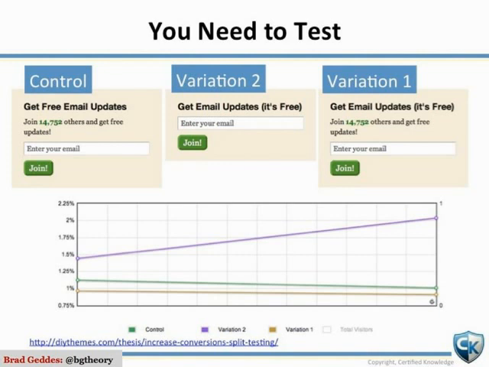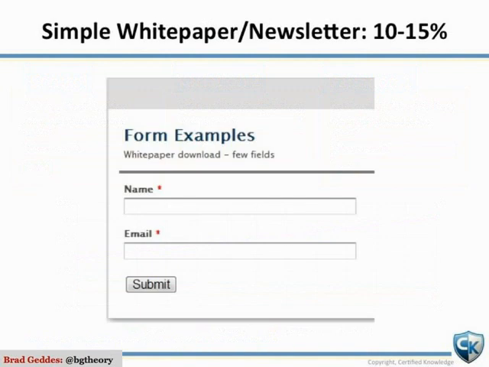Now often a big question is, what can we expect for conversion rates overall? So usually if you have a really simple form and you have good data, that's sort of the assumption here, it's a good value for what they're getting. You can often get 10 to 15% with really simple forms.